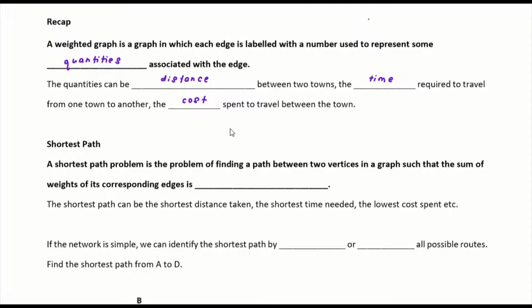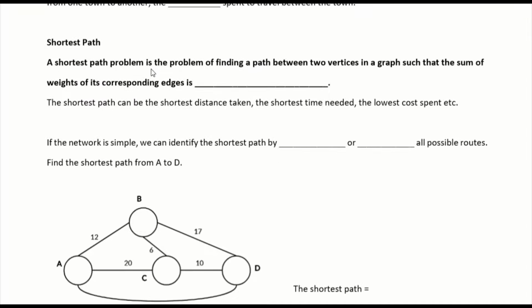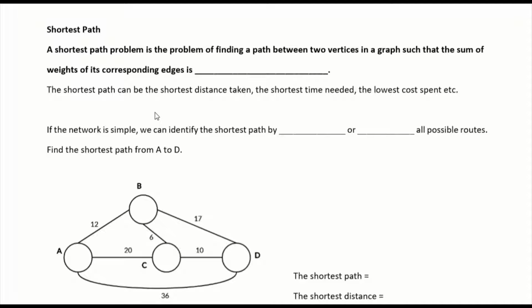For today's lesson, we are going to look at the shortest path. So what is the shortest path problem? It is the problem of finding a path between two vertices in a graph such that the sum of the weights of the corresponding edges is minimized. Just now we mentioned that the weight on each edge can represent different quantities.